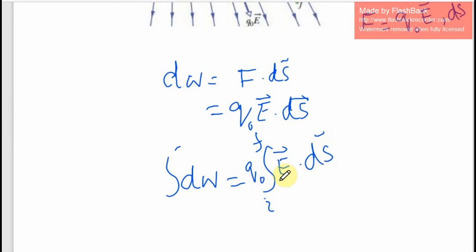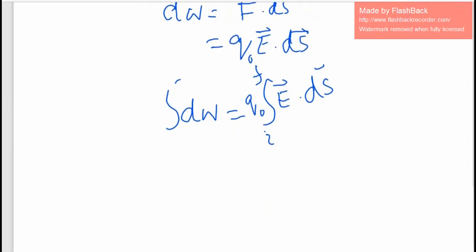Q naught is constant, so I will take it out of the integral. If we solve the integration, W is equal to Q naught times the integral from I to F of E dot ds.